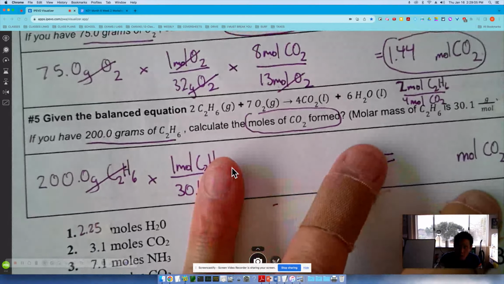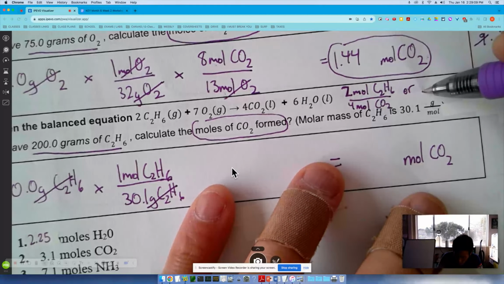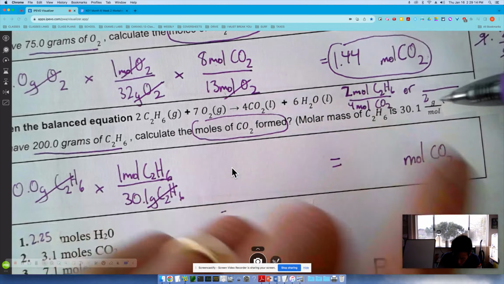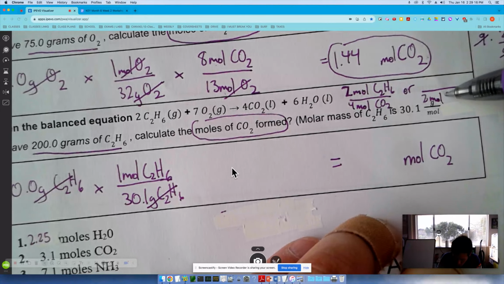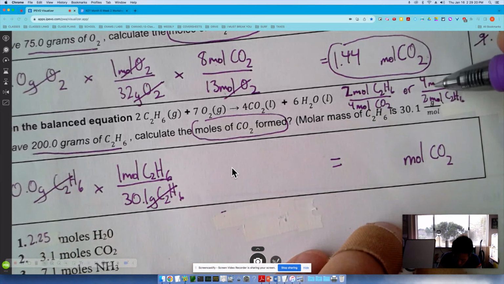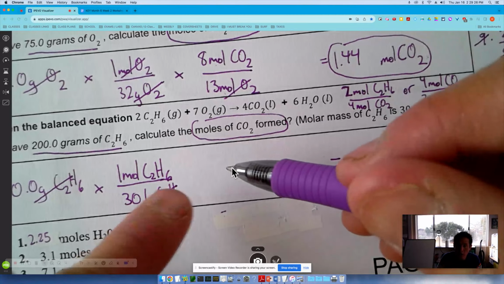I can also write that in a slightly different order, where instead of 2 moles of C2H6 up here, I could write it on the bottom, with the 4 moles of CO2 on the top. My question is, which version do I use to multiply into here?